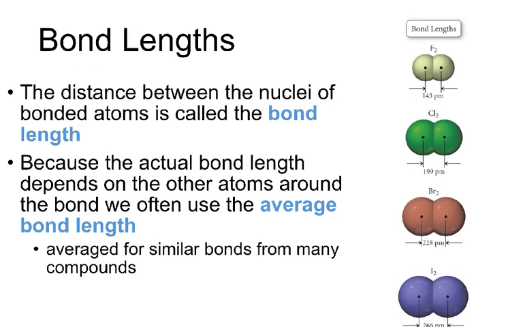Bond lengths, just like atomic radii, we use the average because it's going to depend on what's around it. And bond length is just defined as the distance between the nuclei.